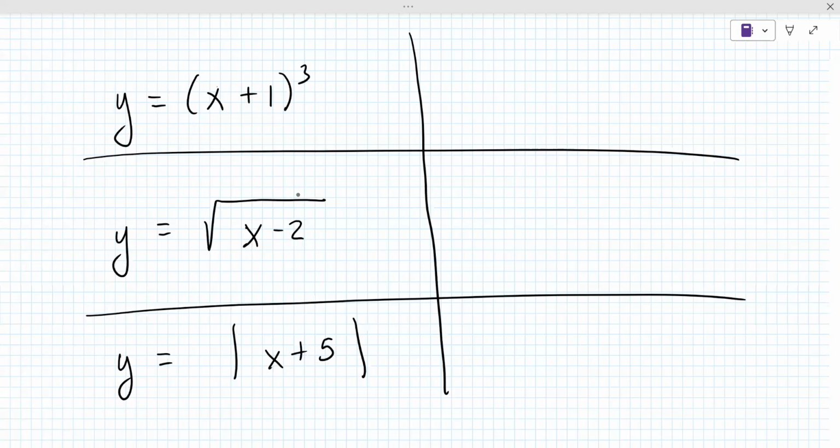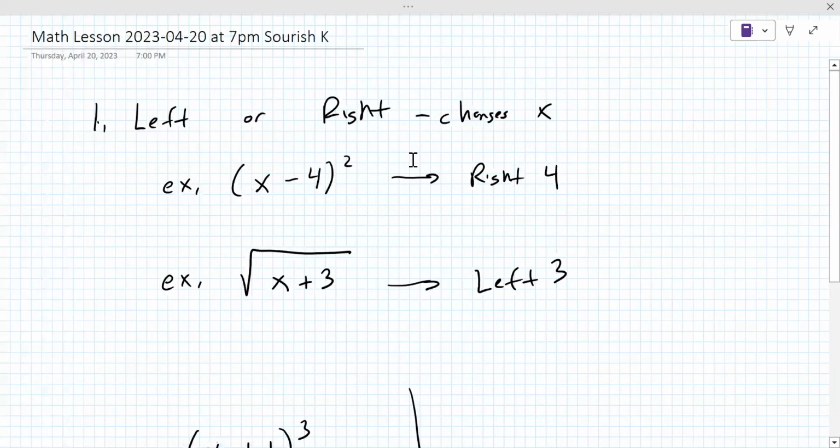Can you go back? I need to write the examples of the X one that we did right now. I thought you said you wrote it down, Sourish. I was writing down the up or down changes Y, horizontal stretches X. Okay, but I asked you, did you write this down? You said yes.